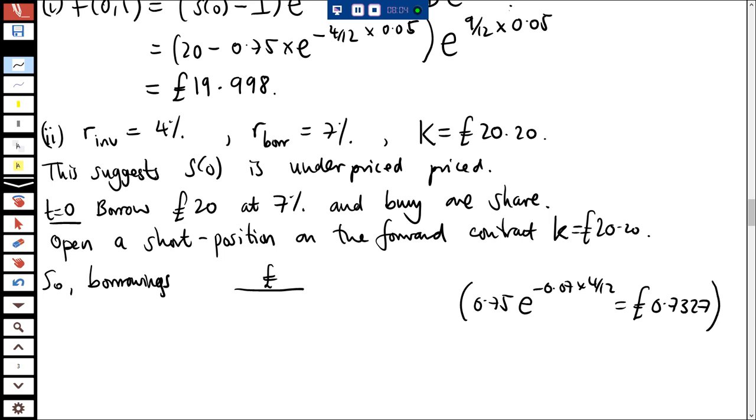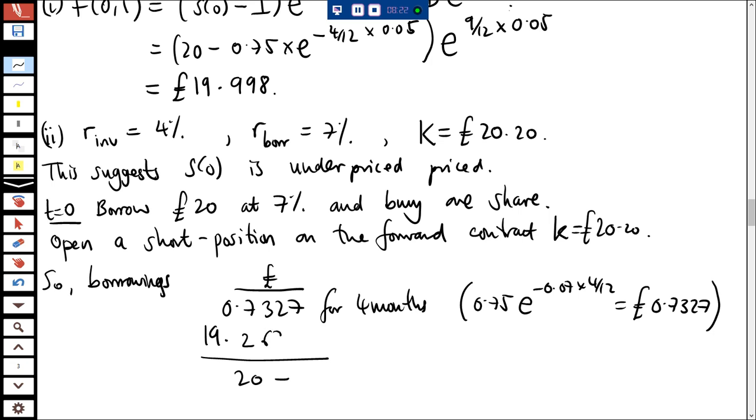So with the £20 that we're borrowing, we want 0.7327 for the 4 months, and the rest of it, that will add up to 20. So 19.2673 for 9 months.